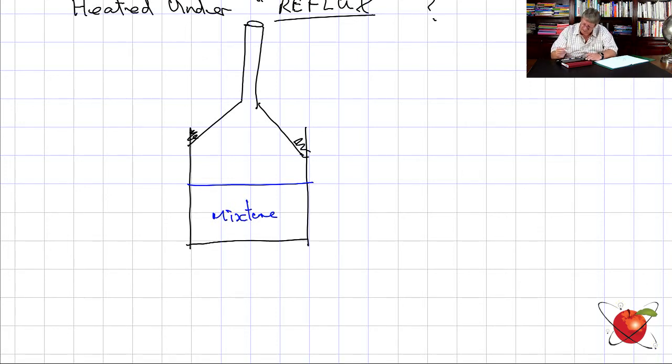And around the outside of this thing, I'll draw it in green, is another glass tube, sealed, with an inlet there and an outlet. And into here we pump cold water.